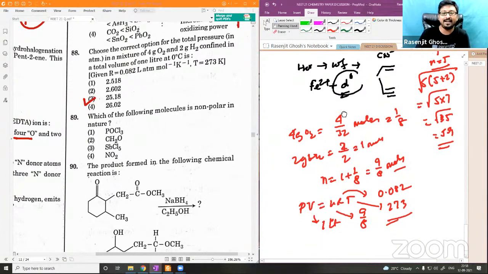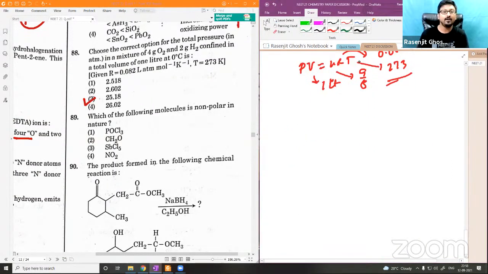Next, question number 89. Which of the following molecules is non-polar in nature? POCl3. In order to understand which one is polar and non-polar, you need to know their structures. POCl3 is a tetrahedral structure with phosphorus at the center.